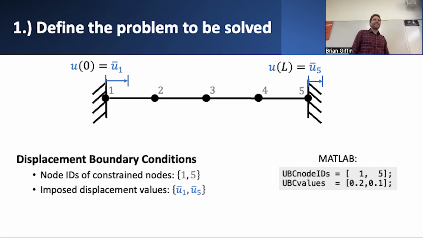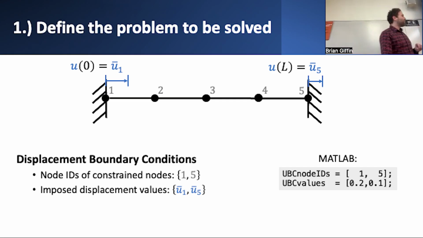So theoretically, I could identify any one or multiple of these nodes and prescribe exactly what is the displacement at that node. To do that, I have to define nodal boundary conditions or displacement boundary conditions. And usually that entails identifying which specific node IDs I am going to constrain. And for each one of those specifically constrained node IDs, I have to prescribe what is the imposed value of the nodal displacement at each one of those different values.